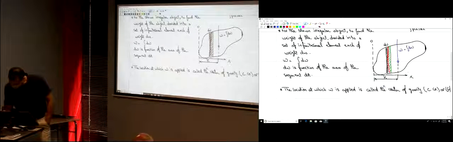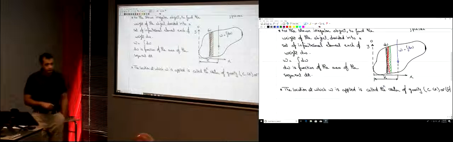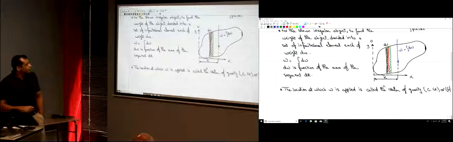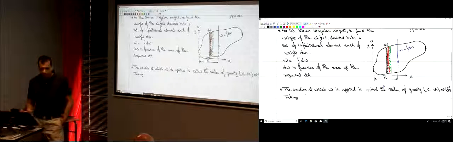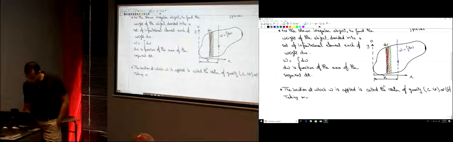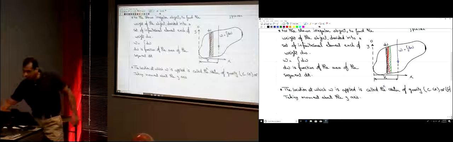So this is the x-axis, this is the y-axis, okay? So now, we want to find this distance, x bar. So taking moment about the y-axis, taking moment of what?